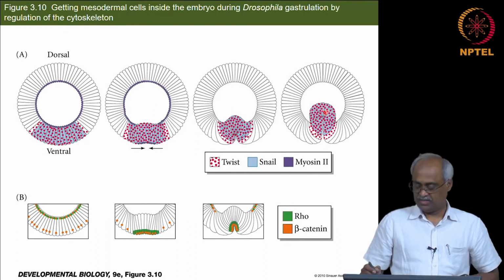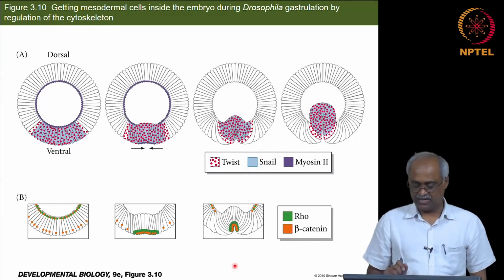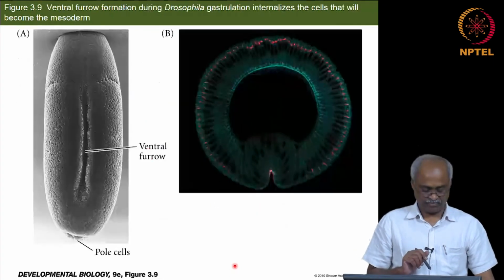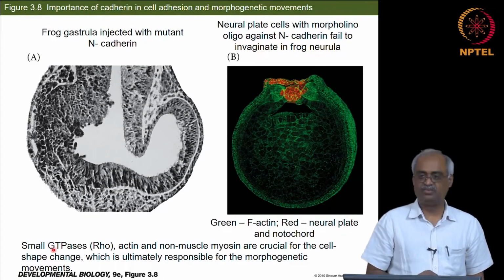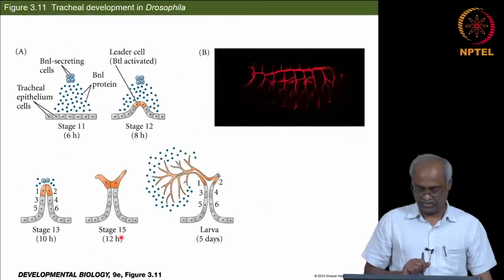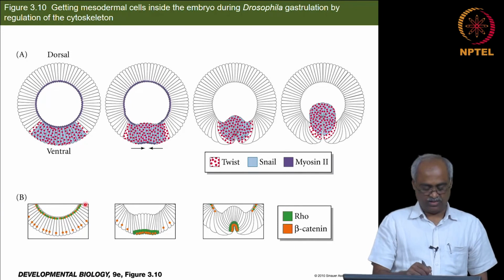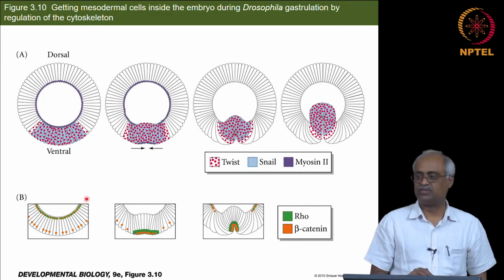Okay. So the molecular changes are explained here in the lower panel. Remember I told you about small GTPases and non-muscle myosin and their interaction with actin; that matters for this, and that is what you are seeing here. So here you have Rho localized on the basal side and you have beta catenin as well there.